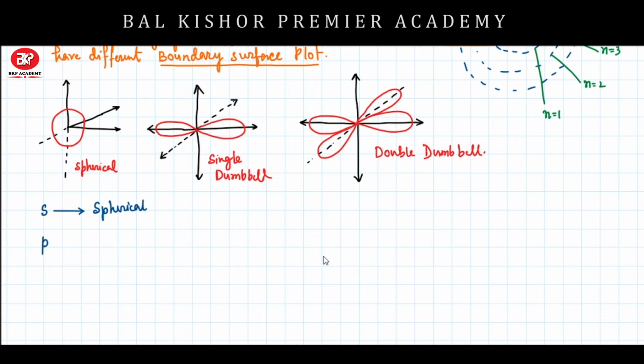Similarly, the P subshell contains the single dumbbell-like boundary surface plot, and the D subshell gives the double dumbbell-like boundary surface plot, and in the F subshell it is some complicated shape.